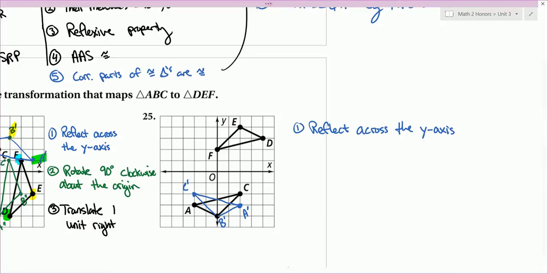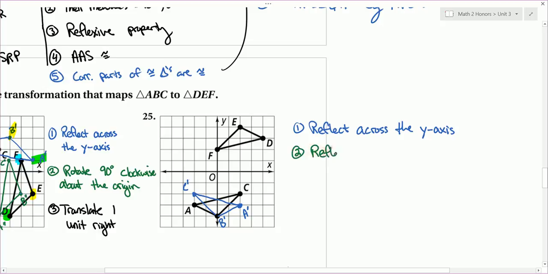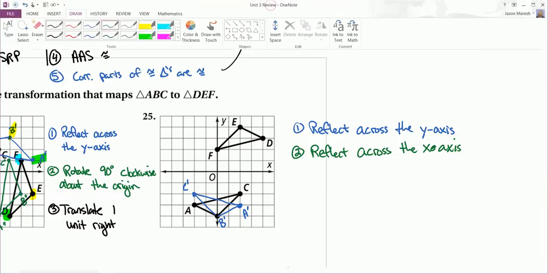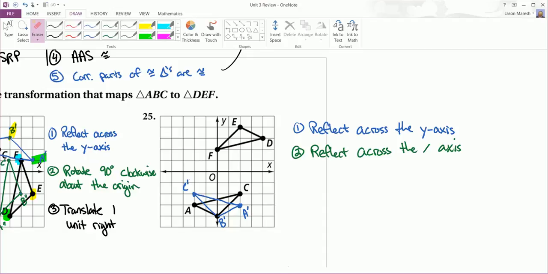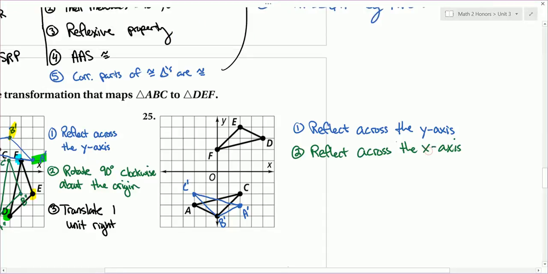Second step, let's take our image there and reflect that across the x-axis. So C prime is 2 below the x-axis, I'm going 2 above, so that's my C double prime.